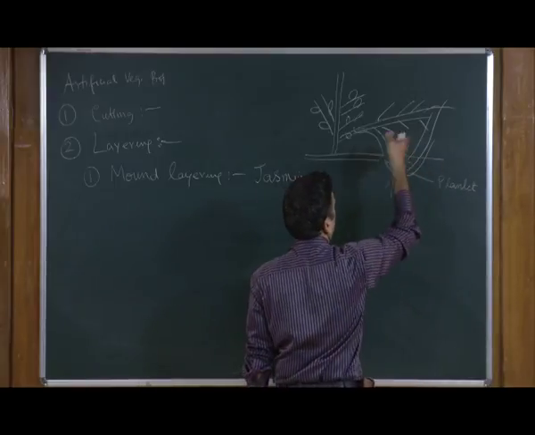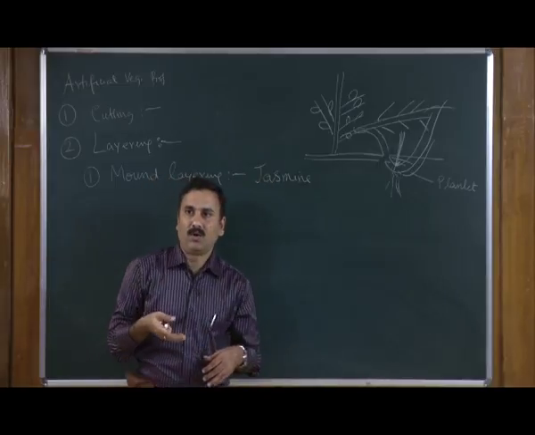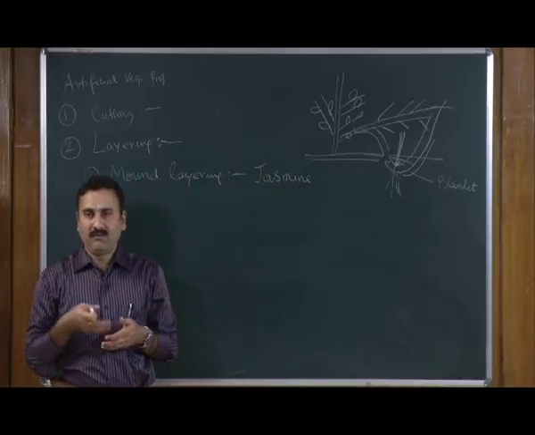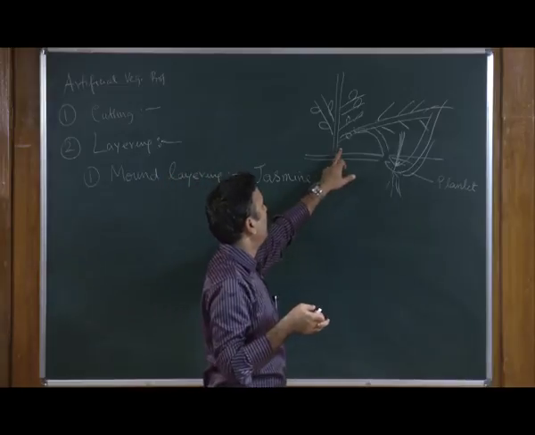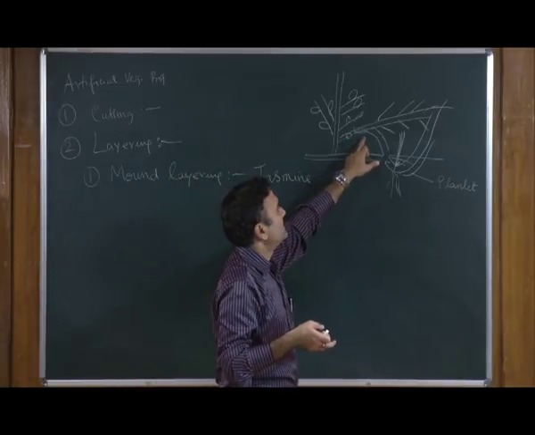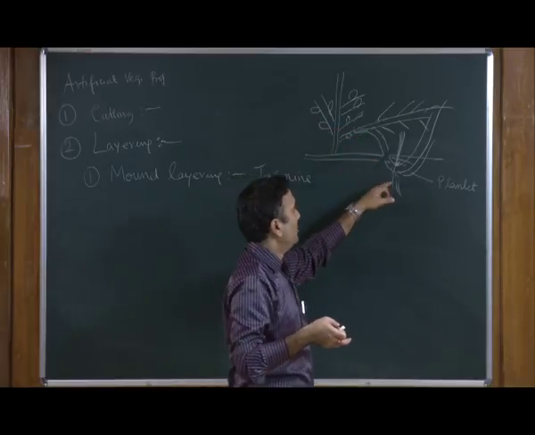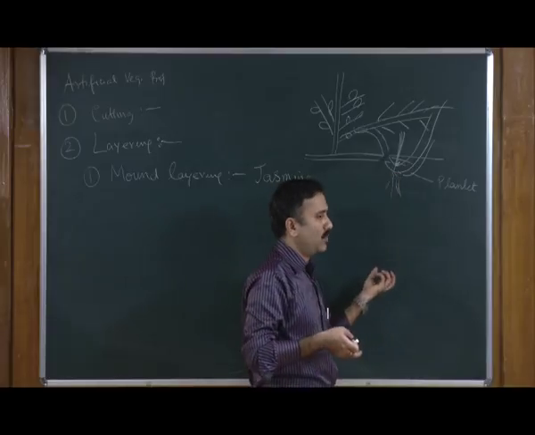This is the way you can keep going. This is a popular method for plants where you have branches at the closer end, and where the branches are weak enough that you can bend them and put them below the soil so that they can develop roots.